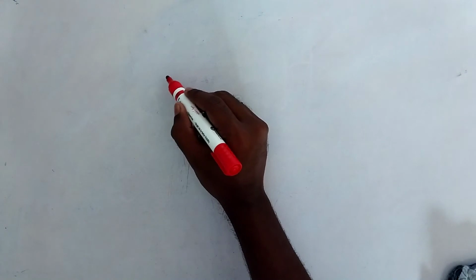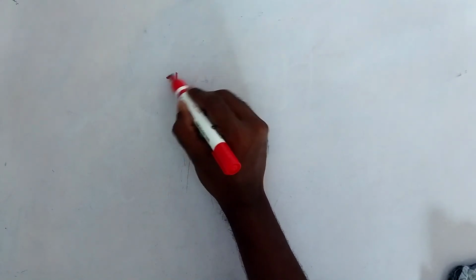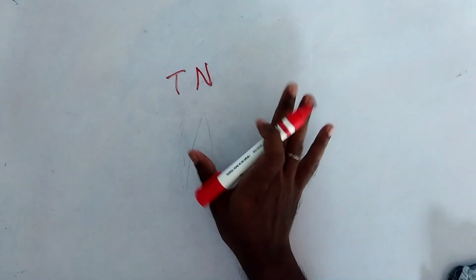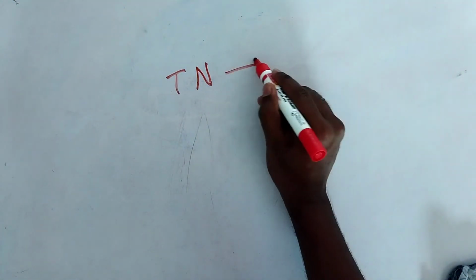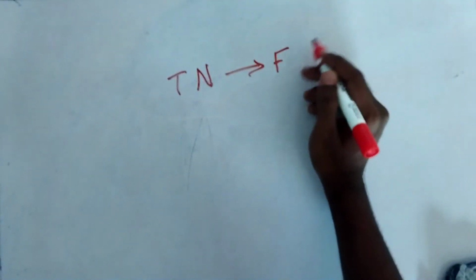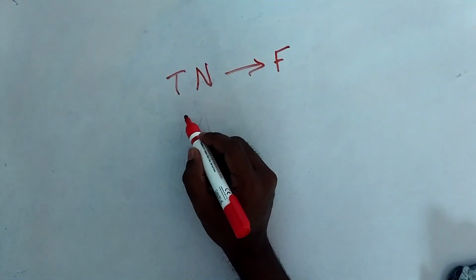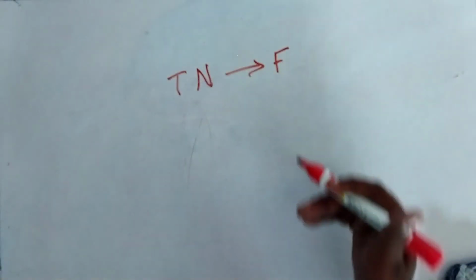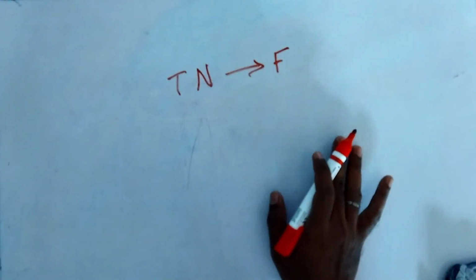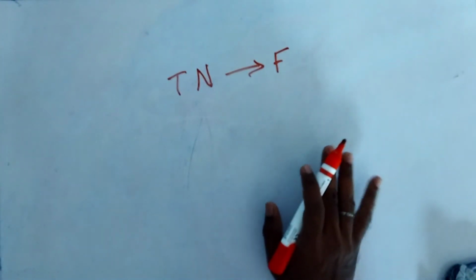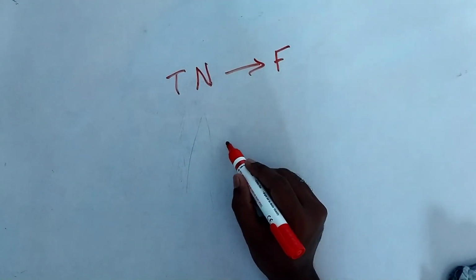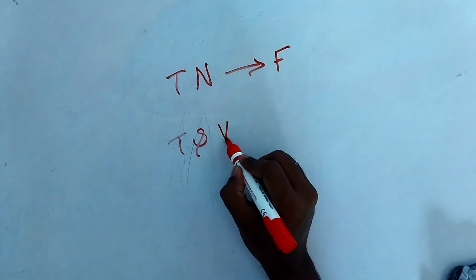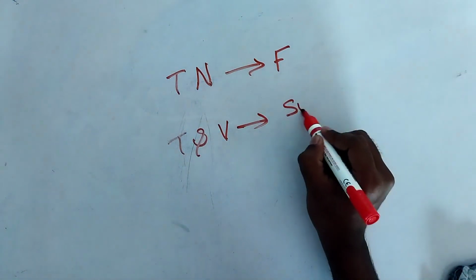Next, pathway from face. The trigeminal nerve, one of the cranial nerves, plays an important role in carrying expressions of face and sensations of face. Next, pathway from visceral organs. Visceral organs means the organs present in the thoracic region as well as the abdomen region. The pain sensation from thoracic and abdomen visceral organs is carried by sympathetic nerves.